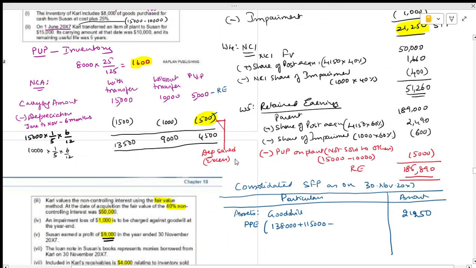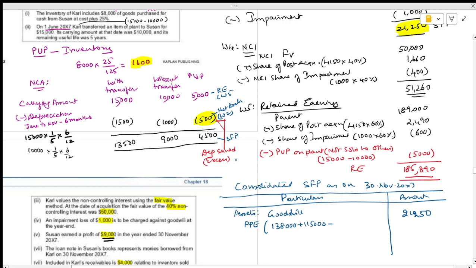This is retained earnings working 5. This is net assets working 2. This we have to take in the statement of financial position. How much do we have to reduce it?